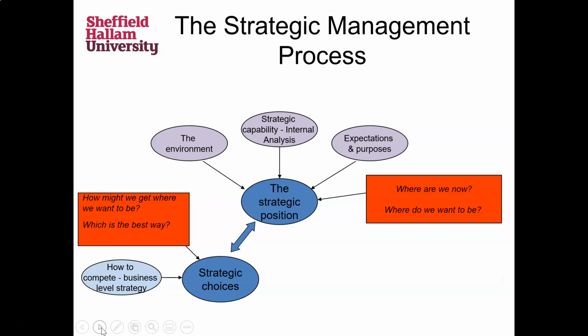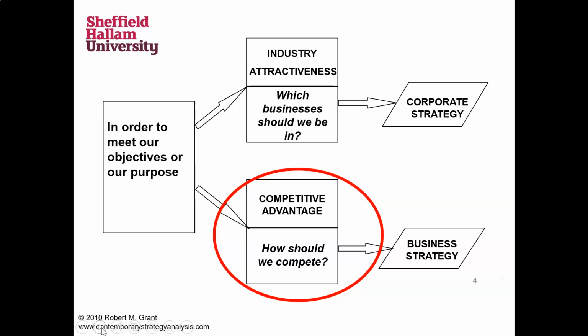And today I want to introduce you to the first of 3 lectures that we'll do on strategic choices. And today I want to talk to you about how an organisation addresses the concept of how we compete. If you've read the workbook, you will see that one of the other key strategic choices questions is which businesses do we operate in? And that's what I want to move on and discuss in the next few slides.